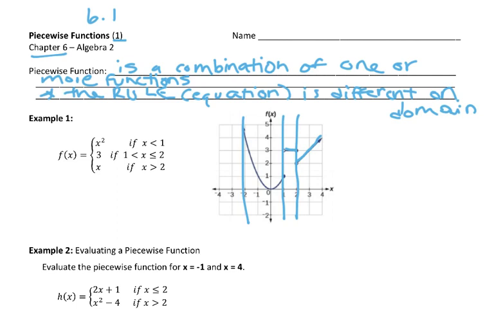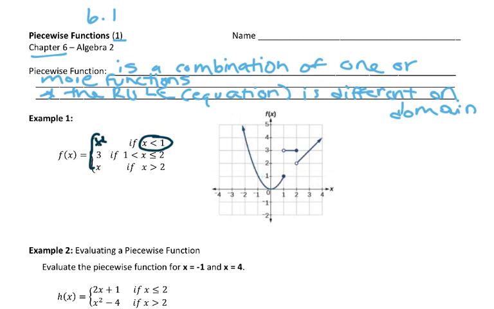So we do have kind of this set of ideas, and the way that you portray that is with a system, if you will. The system says, hey, it's x squared, so it's this one, but only if x's are less than 1. Notice that it stops here, and it should have an open circle there, but anyway.